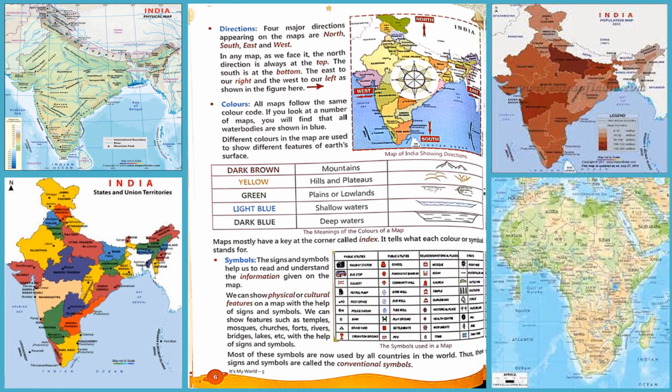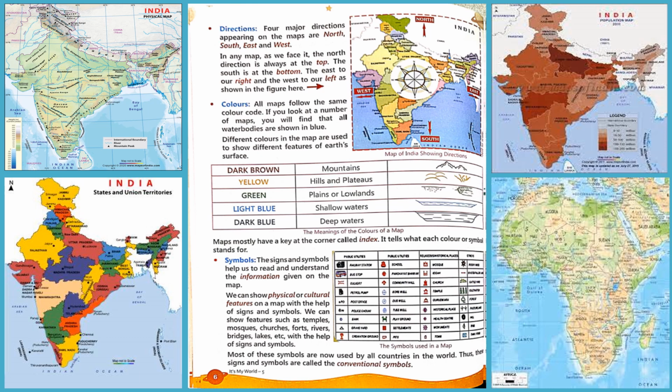Plains and lowlands are shown in green color. High mountains are shown in dark brown. Lower mountains and hills are shown in light brown. Deep waters are shown in darker shades of blue, while shallow waters are shown in light blue color. And hills and plains are shown in yellow color.